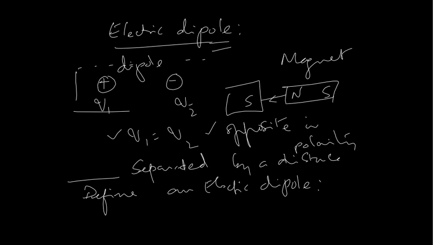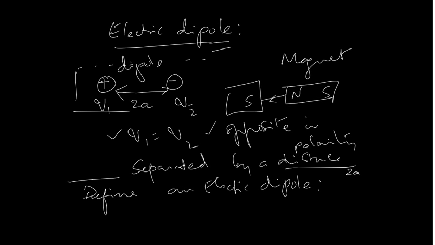And they are separated by a distance. This distance is 2a. This is a fixed one. They keep using this word, separated by a distance 2a. So what is a? Like x, we don't know.